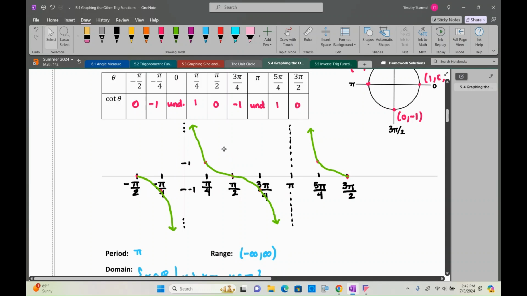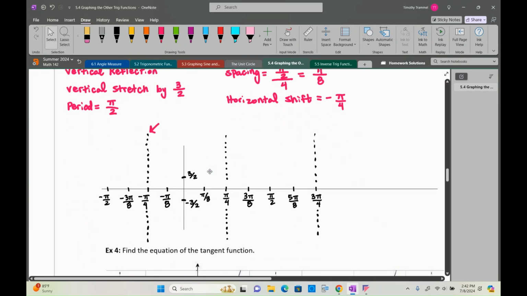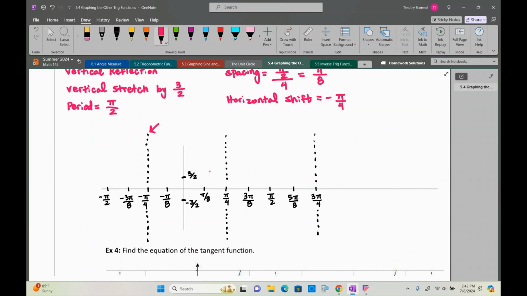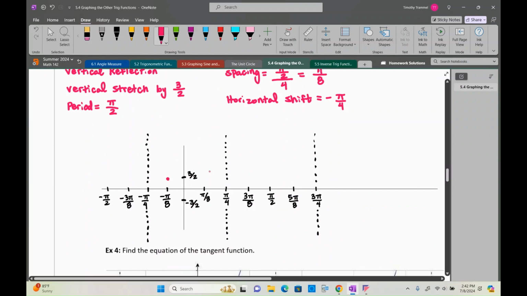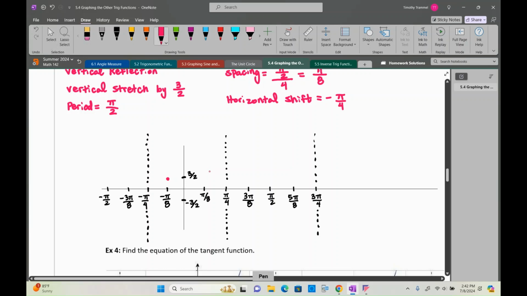Well, for us, this is going to change a little bit because we had that 3/2 in the front. So instead, it's going to look something like this. And I'm actually going to make a slight error here, and I'll correct it in a minute. But we'll have this one here. That's the first quarter point after this first vertical asymptote. And then we'll be in the middle, and then we'll be down to minus 1.